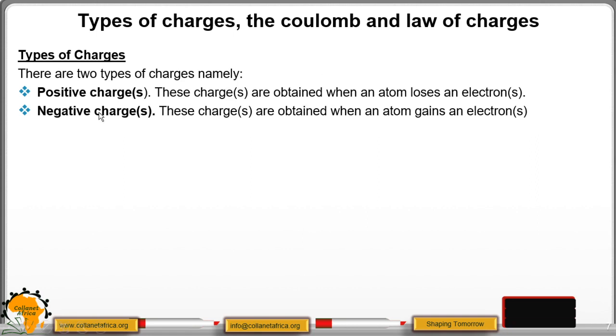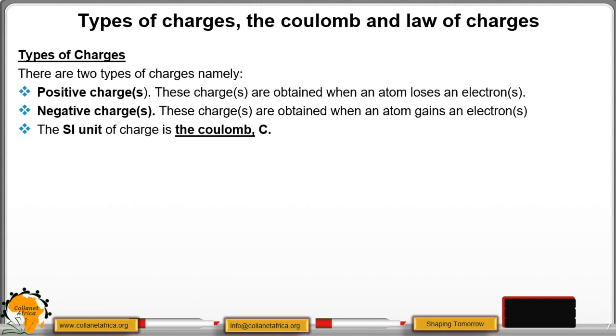Negative charges are obtained when an atom gains electrons. In other words, the number of negatively charged particles will be more compared to the number of positively charged particles, and therefore that atom will be negatively charged.